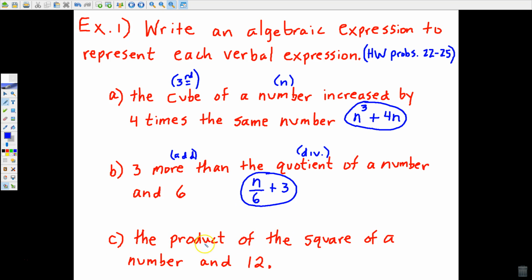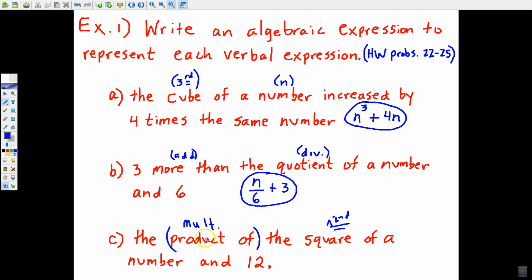The product of, well, if you don't remember, just a little reminder, that indicates multiplication. That's a key phrase. The square of, we looked at the cube of, that's raising something to the third power. The square of raises something to the second power. Just making myself a little note here as we go along.